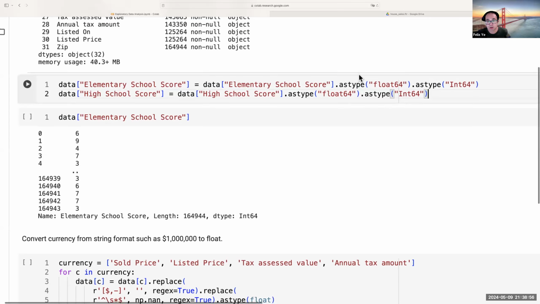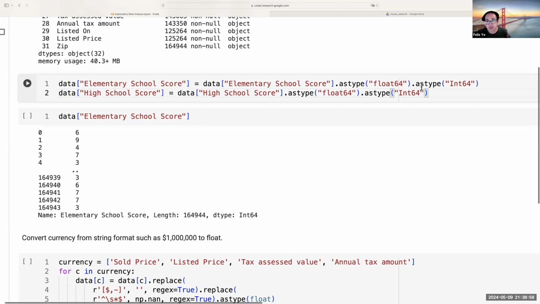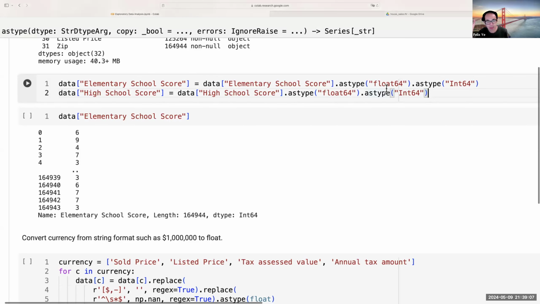All right, so for this elementary school scores, what I'm going to do is change this into integers. The way we do it is I change it into float first. So if the score is 3, it will change into 3.0. After that, I change it into integer, which is just 3. Because we know the scores are all from 1 to 10, for that particular score it has to be 3 rather than 3.0.